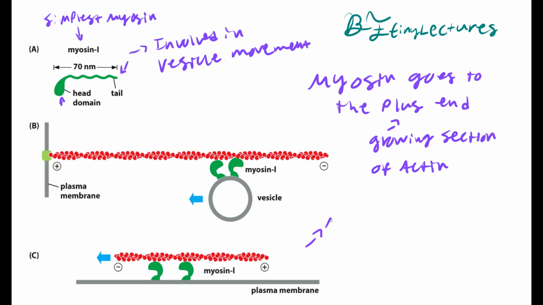So this makes a new cell shape. And so if the cell is constantly changing shape, and we want to make that shape secure, and we want to stay in that shape, then we would use myosin 1.